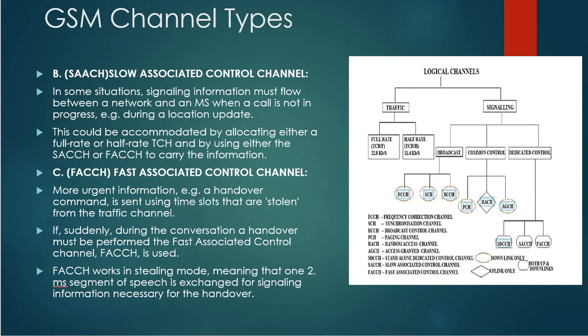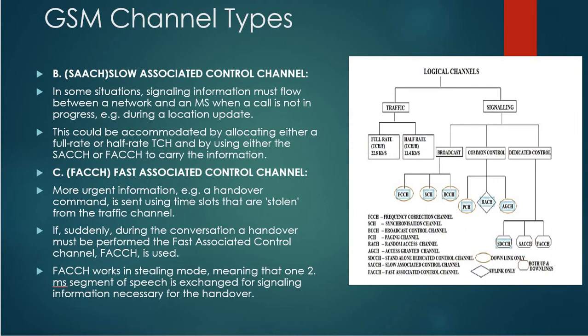During these conversations, we need to perform the handover. Then the fast associated control channel, FACCH, is used. FACCH works in the stealing mode, meaning that 2 millisecond segments of speech are exchanged for signaling information necessary for the handover.